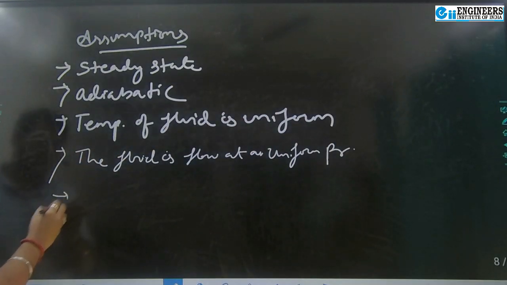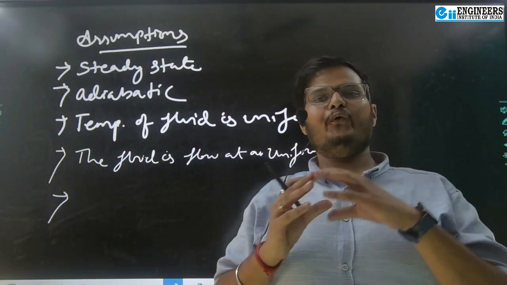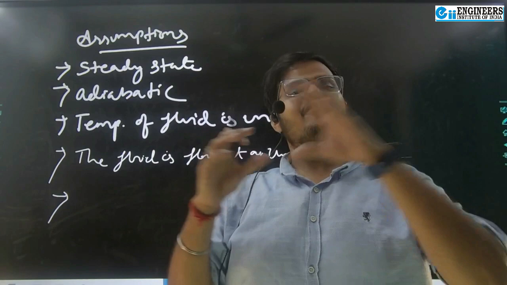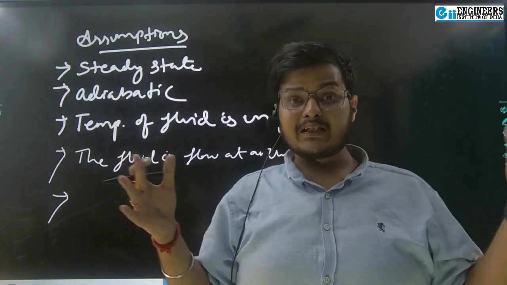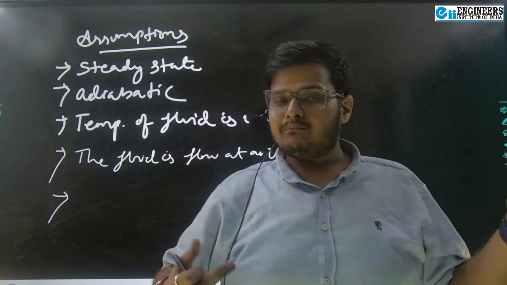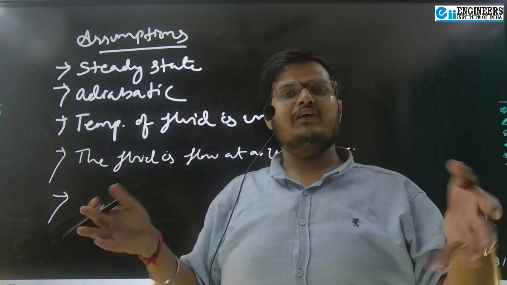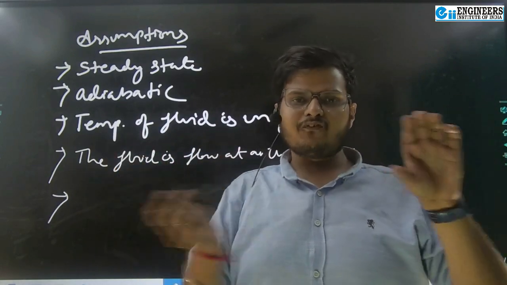One more important aspect: the flow is steady, the system is adiabatic, the fluid has uniform temperature, and there is no pressure gradient within the system. Let the system be a metal or a ceramic, mostly a metallic thing. Suppose in a metal, fluid is flowing. Above the metal, there is another fluid.